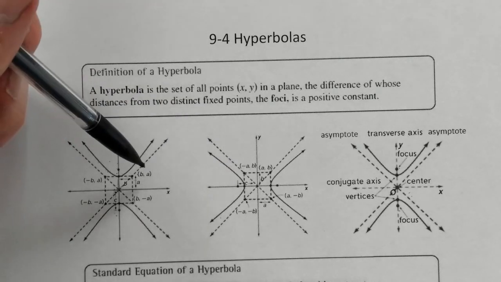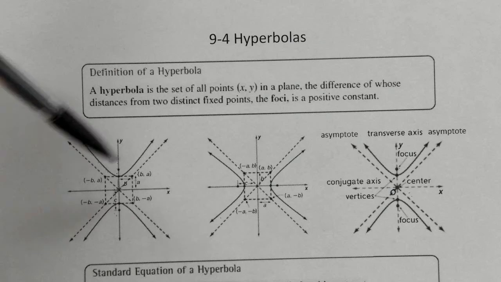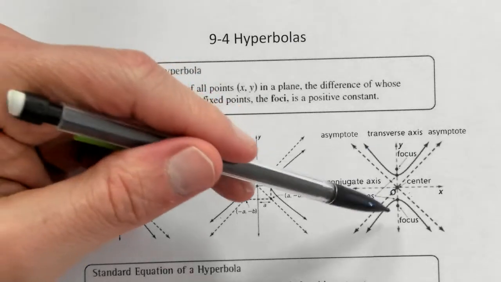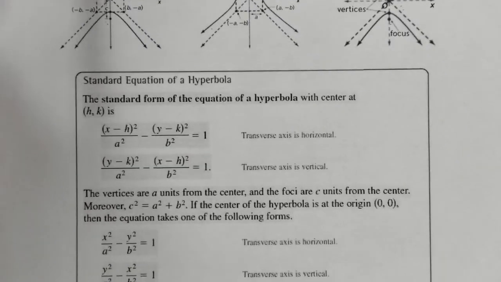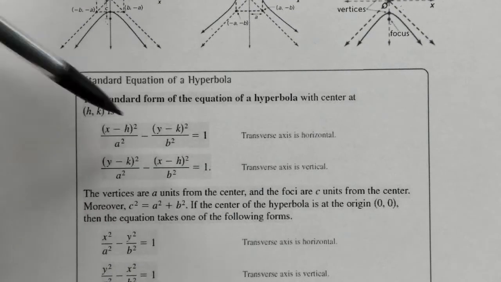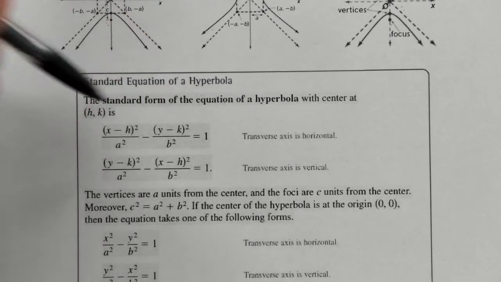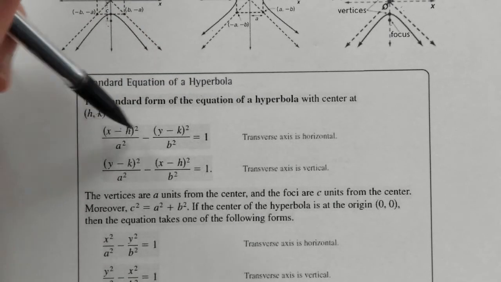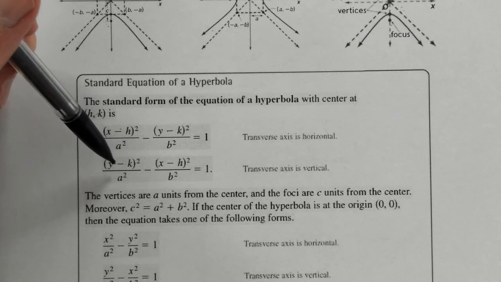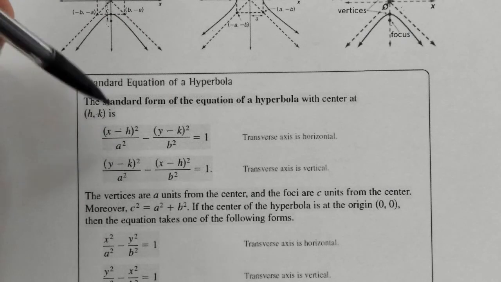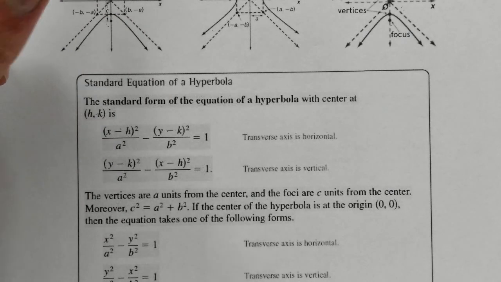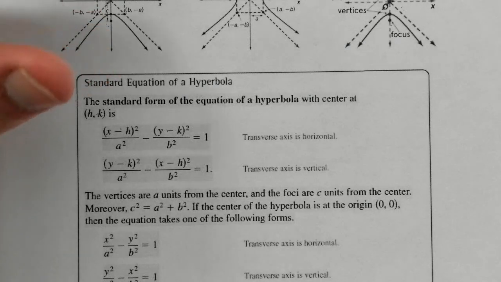And so as you're looking at some of these points and other parts of it, then we can come to these equations, which are the equations of the standard form for the hyperbola. Once again, h comma k is still my center. And just like with an ellipse and a parabola, they can be oriented vertically or horizontally, either one.